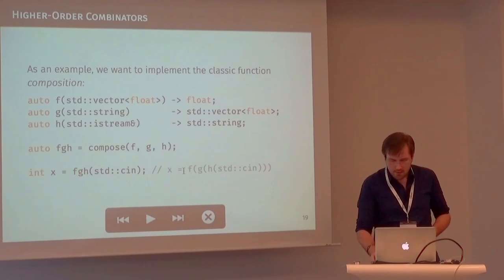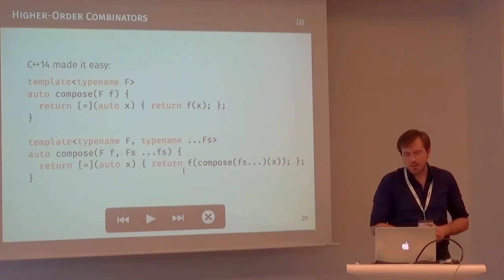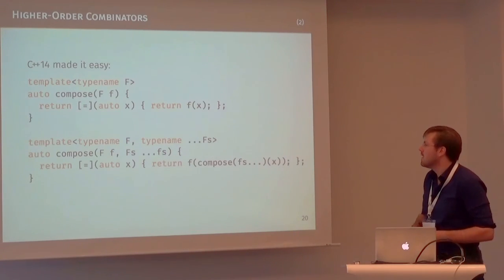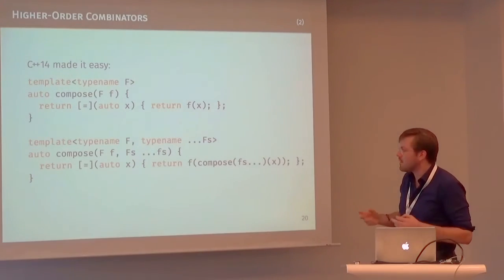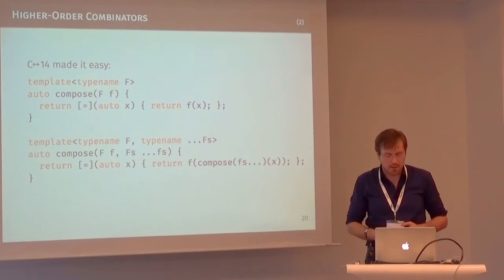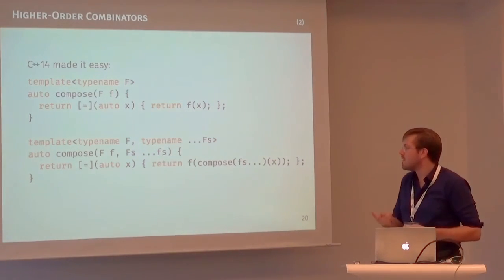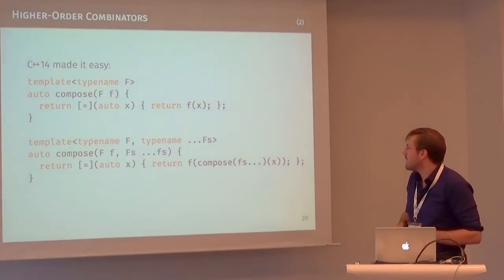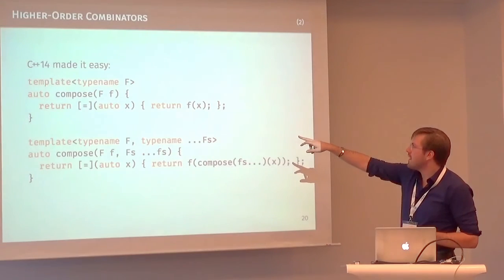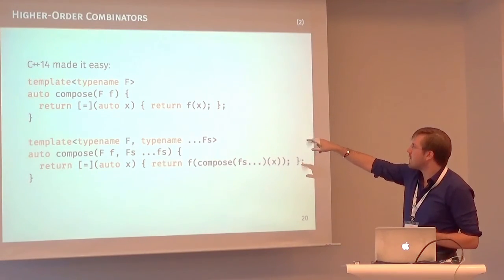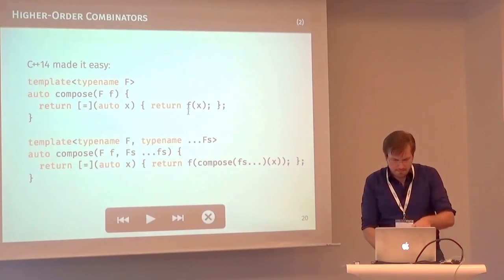Okay, so in C++14 it is rather easy. We have a variadic pack. I could have made the example easier by accepting only 2 parameters, but it doesn't make any difference. We have a variadic pack. The base case returns the lambda, which only calls the function.